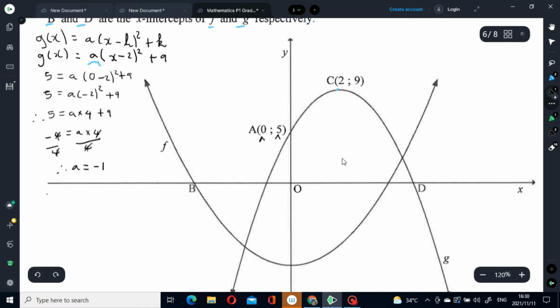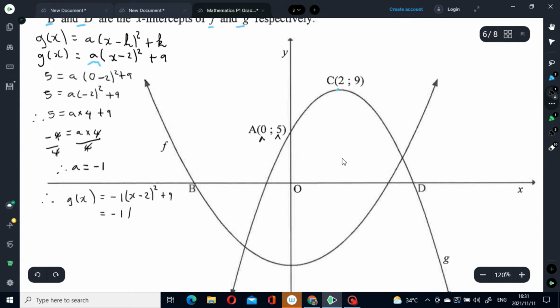So now we can back substitute that into the general equation. Let's do that. Therefore g of x should be equal to negative 1(x minus 2) to the whole squared plus 9.